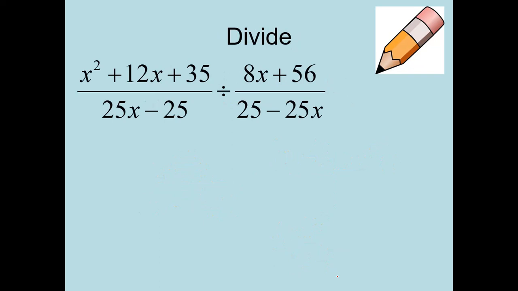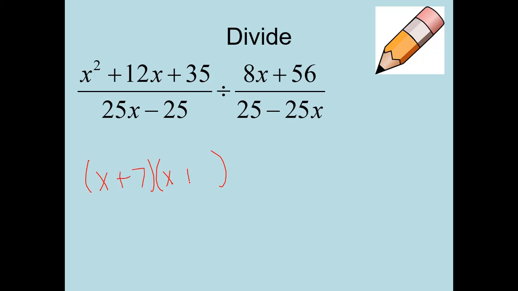And the last one, let's do a division problem here. So factor everybody first. So this numerator, two things that multiply, well, an x and an x. Well, looks like 7 and 2.